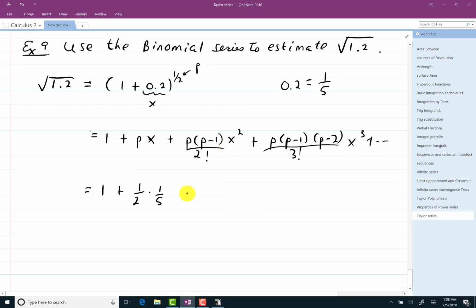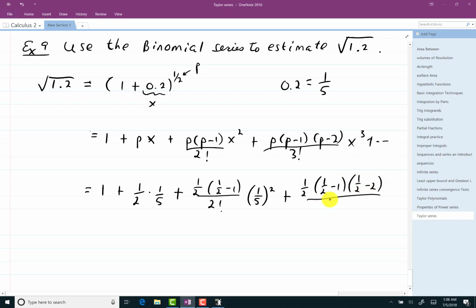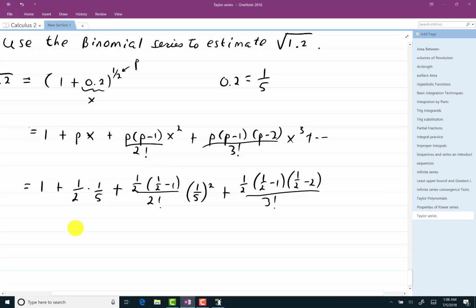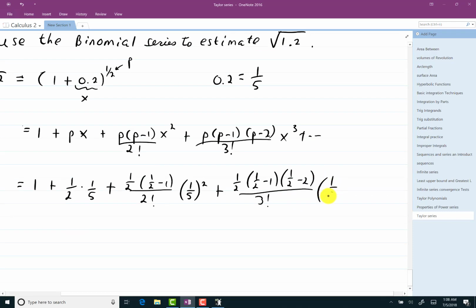And then the next one we're going to have is 1/2. Then I'll have 1/2 minus 1 over 2 factorial times 1/5 squared. And then I'll have plus 1/2, 1/2 minus 1, 1/2 minus 2, all over 3 factorial, times 1/5 cubed.